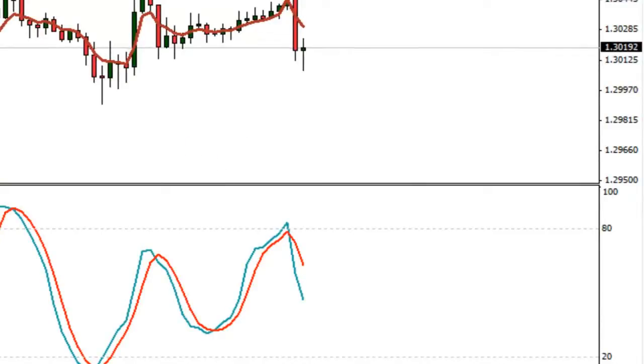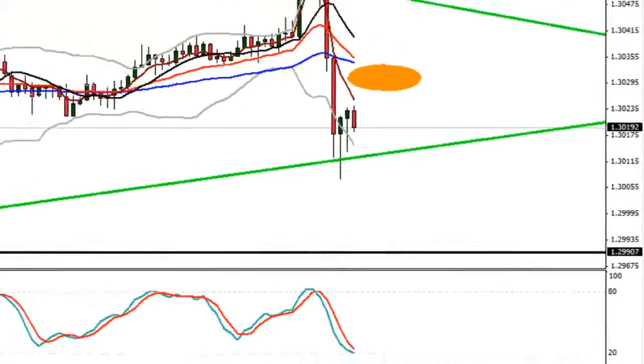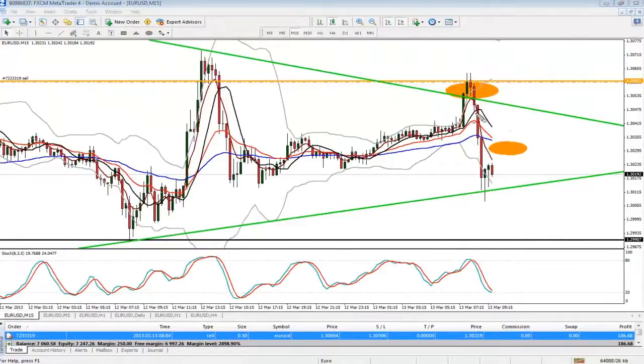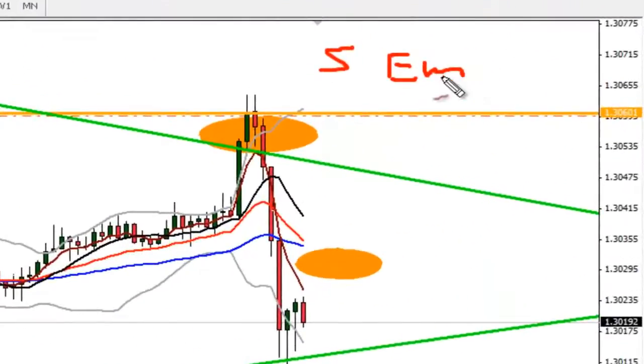Now at FX Bootcamp we use a couple of different ones. We use the 5 EMA, which is this maroon one here, and then we'll use an 8 SMA set to open.